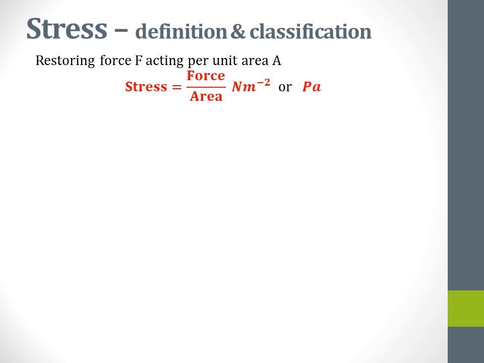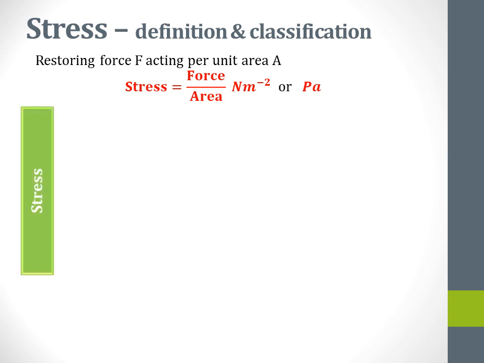As long as no permanent change is produced in the body, the restoring force is equal to the force applied. Stress, therefore, is a ratio between the force applied to the area with a unit Newton per meter square or Pascal.